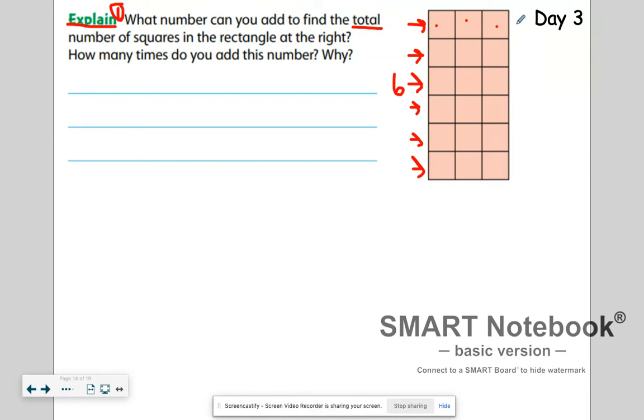So I can add 3 plus 3 plus 3 plus 3. Now while I'm doing this, you can sing your 3 song. So we're going to add 3 6 times. So we can count 3, 6, 9, 12, 15, 18. So 18 is going to be our total.